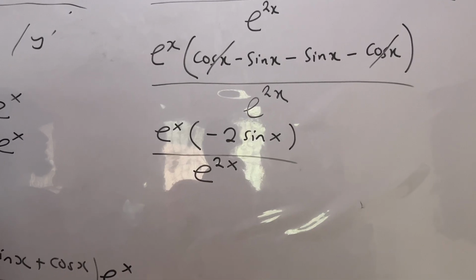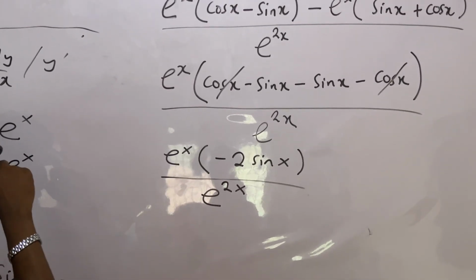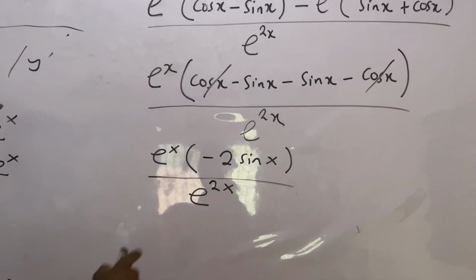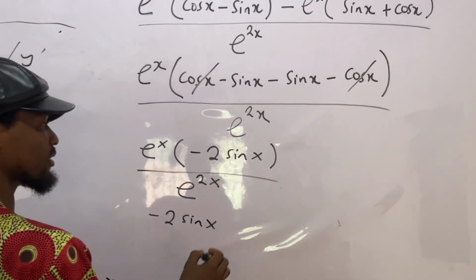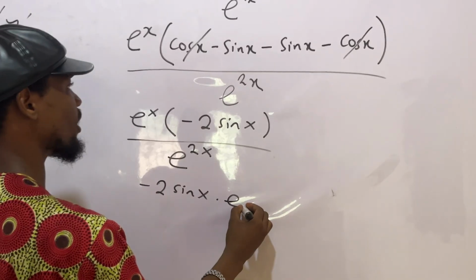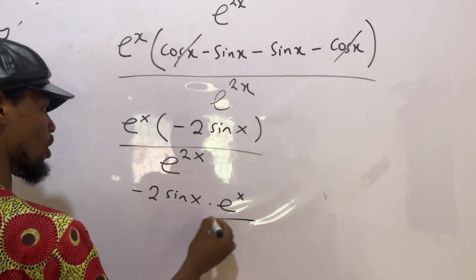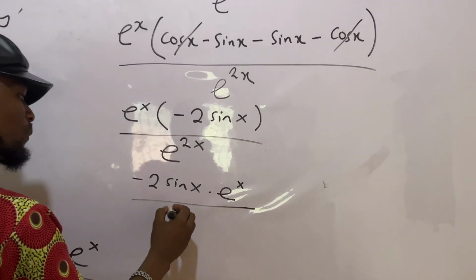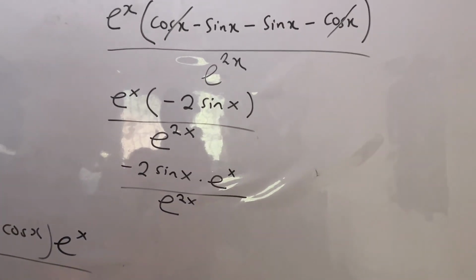What can we do, viewers? We can do something over here, right? Good. So I have negative 2 sine x multiplying exponential x, all over e to the power of 2x.